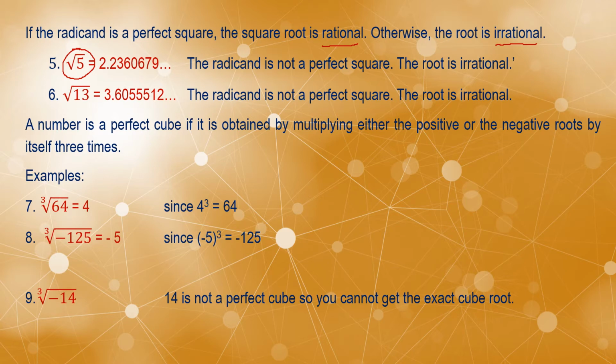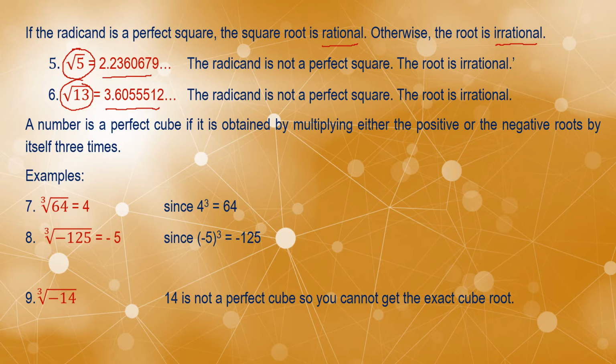Therefore, the square root is not rational. So it is irrational. The radicand is not a perfect square, so the root is irrational. Same with number 6 example, square root of 13. 13 is not a perfect square. That is why the root is irrational.